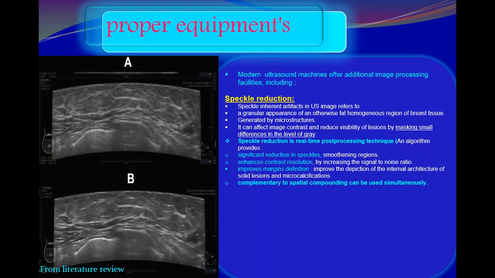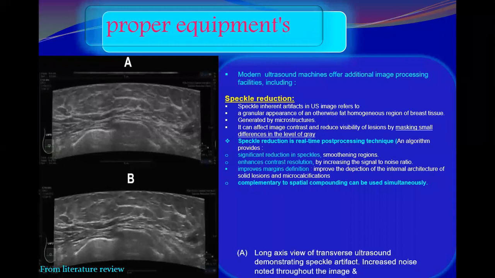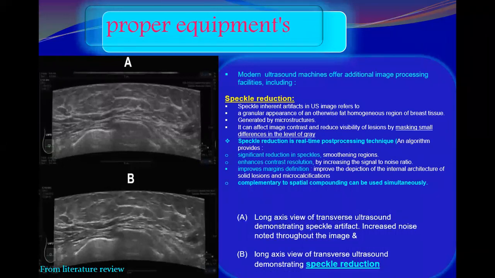It can be used simultaneously with spatial compounding, as it is complementary to spatial compounding. In this image, as you mentioned, this is with speckles, and this is using the speckle reduction technique.